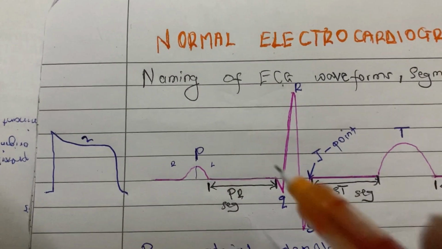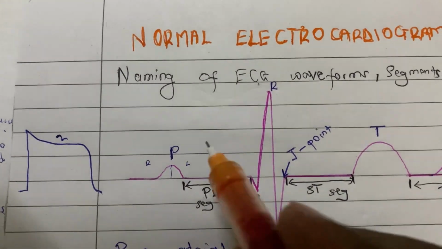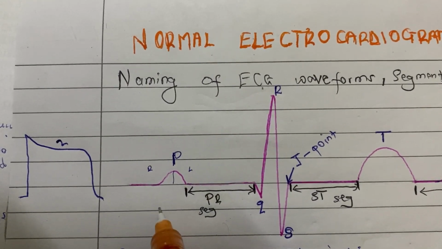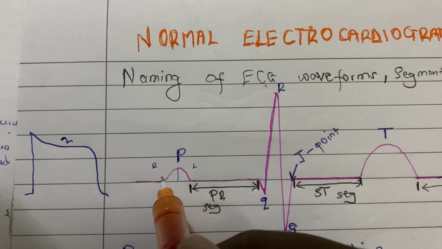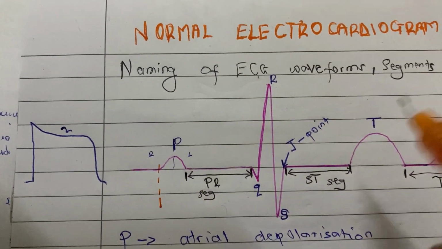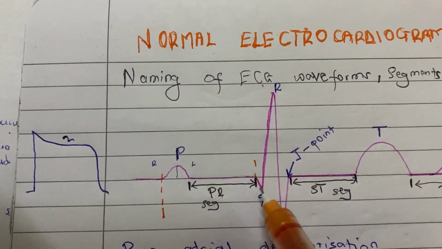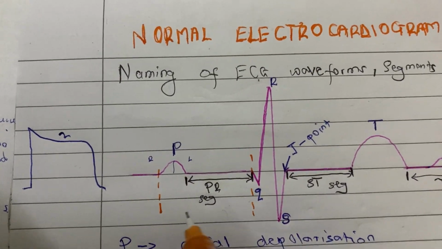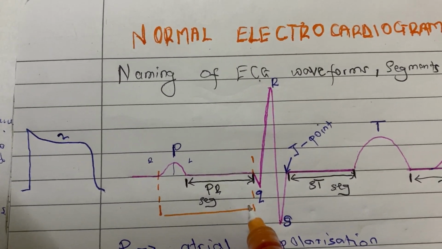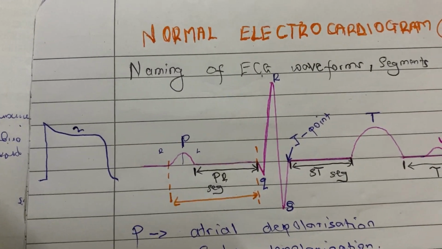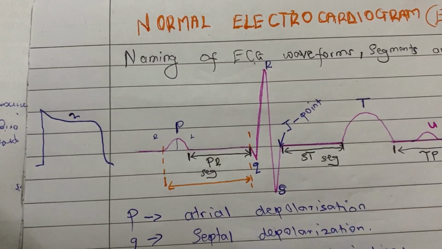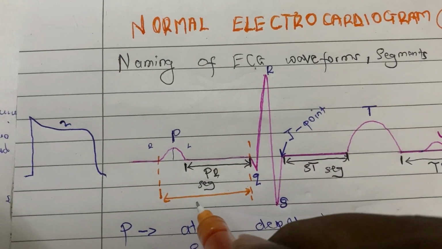We have PR interval from the start of P to the start of QRS. So this PR interval is there.